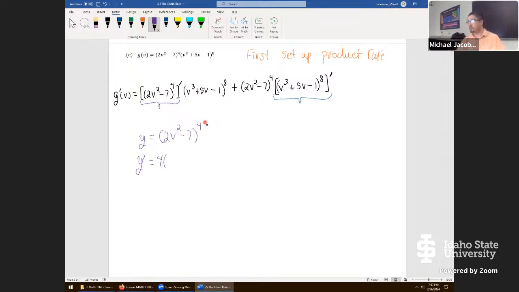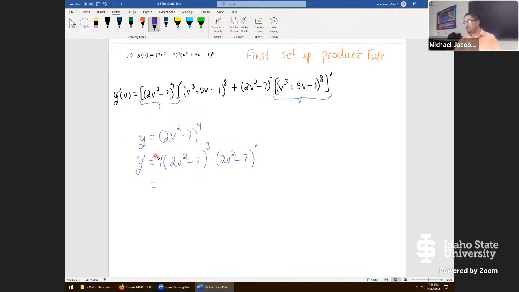The 4 should come down. Put in a big open parenthesis, and power 3 is the next value. They'll multiply by something with a prime inside. Next thing we do is just copy in everything you see there exactly. So 2v squared minus 7 here and here.